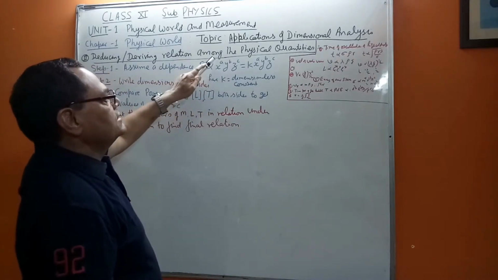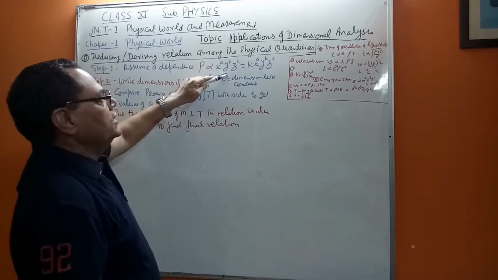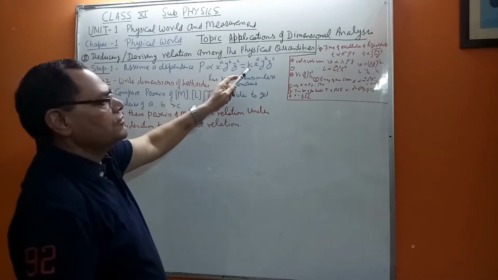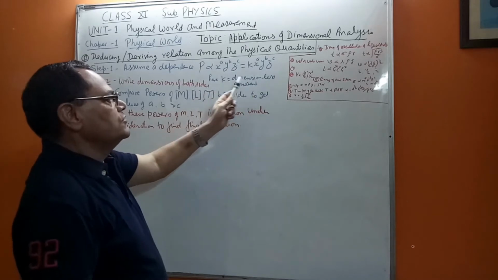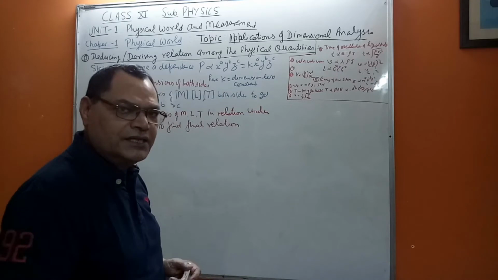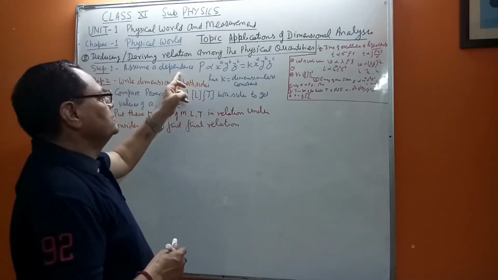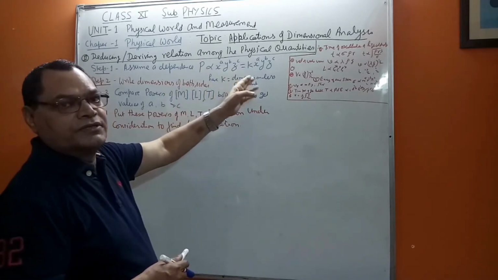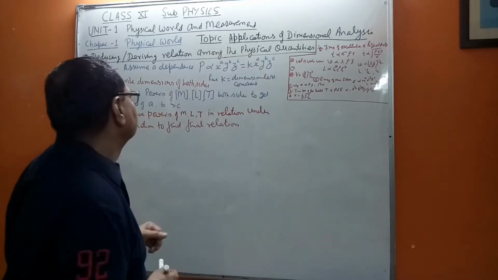Therefore we consider some unknown powers, that is X raised to power a, Y raised to power b, Z raised to power c, and the moment we equate it, there is always the constant of proportionality. This constant is dimensionless, that is, it will not have any dimensional formula. So the first step is we assume the dependence of a physical quantity in terms of the other quantities on which it depends, with some unknown powers a, b and c.